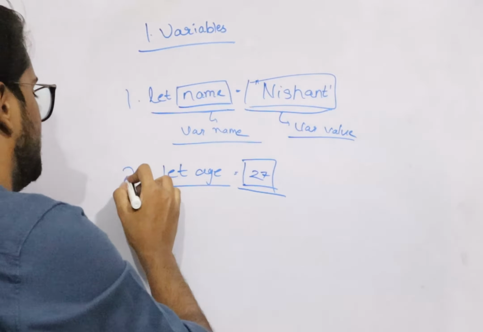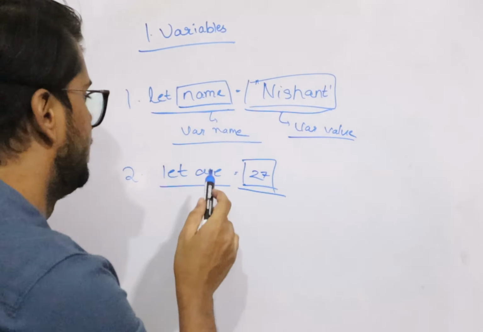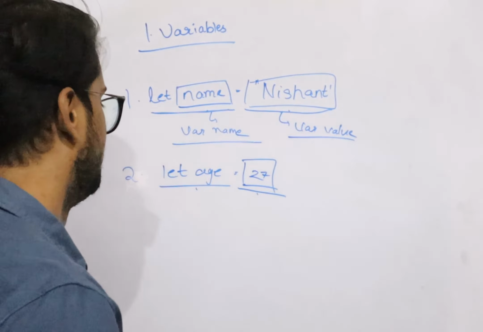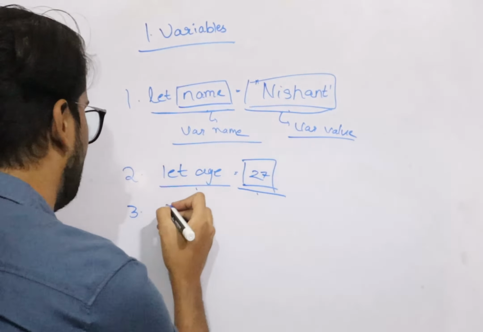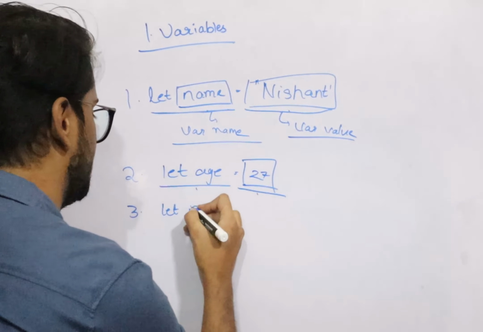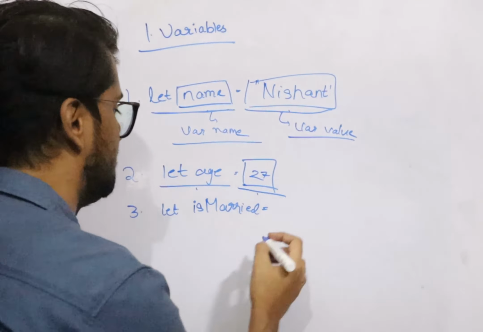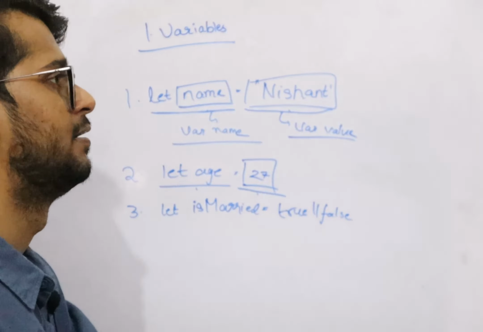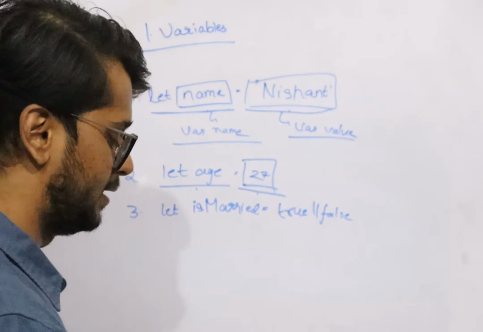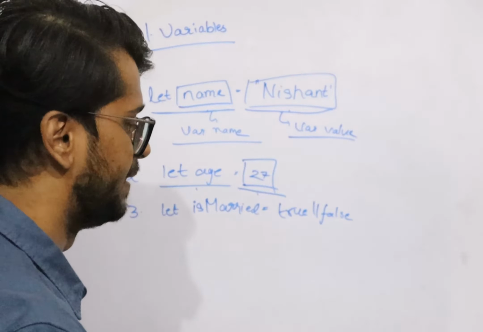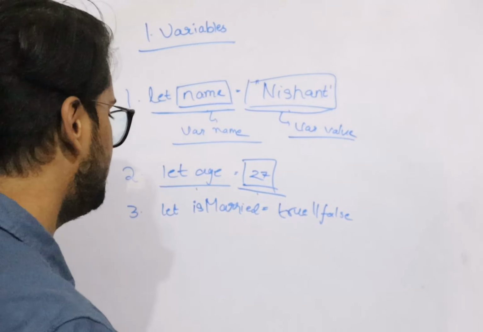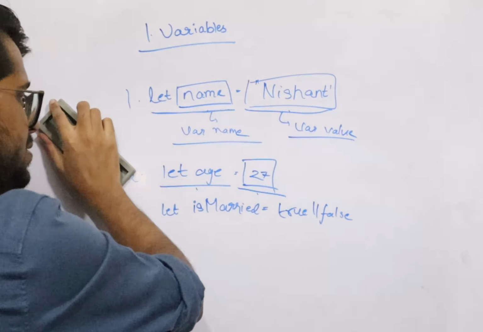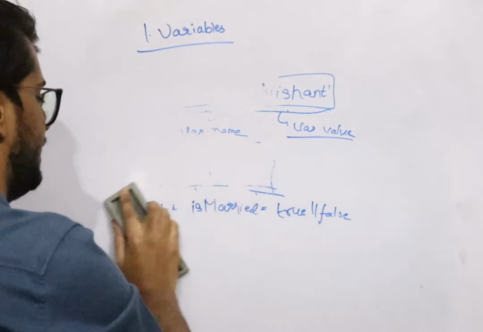Similarly, we can have a boolean as well. Let's say let married, which can be true or false because it's a boolean. So, we have different types of variables like string, integer, boolean, arrays, objects, hash maps, and so on. This is called a variable. So, this is done. You now understand what variables are.